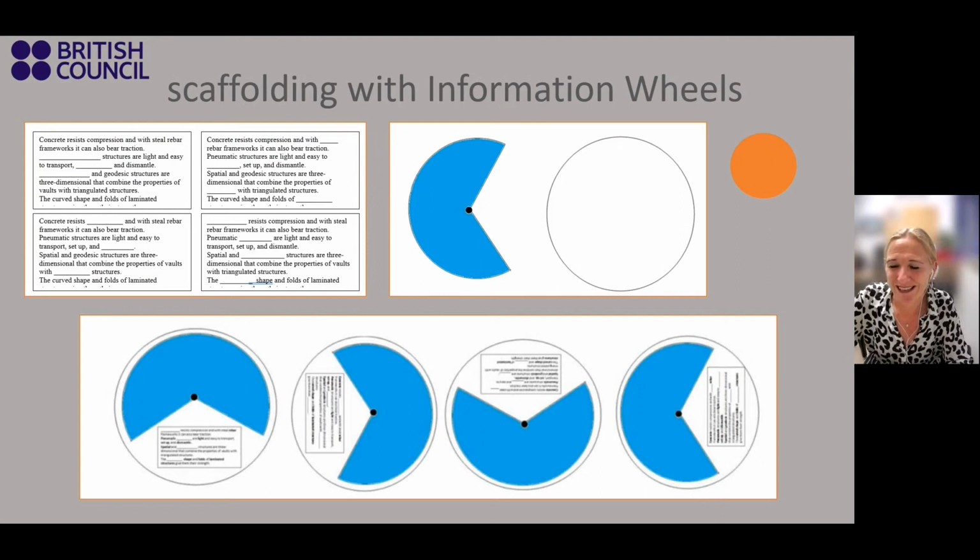Very simple idea. It's like back in primary, where they cut out two circles, one with a space, and then you would find information. Or again, this could be student A, student X, student Z, who has just found some information about the project we're working on at the moment.